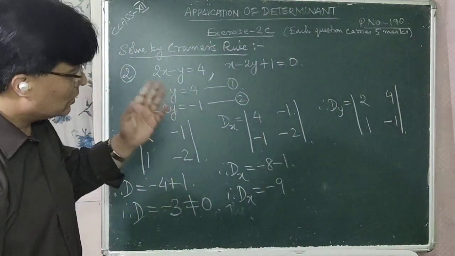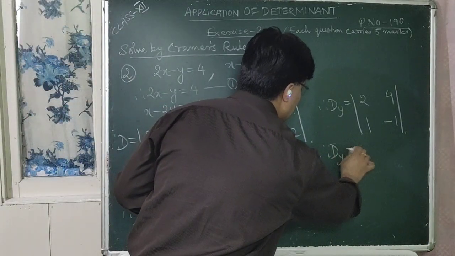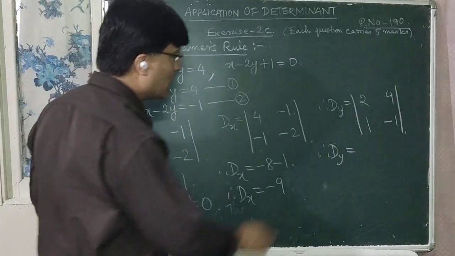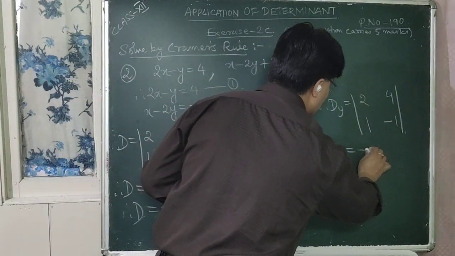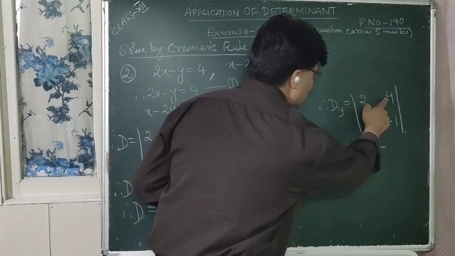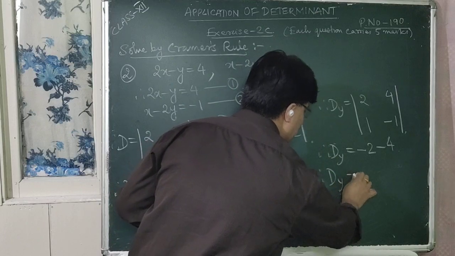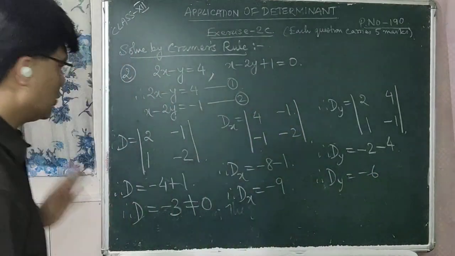Is that clear? Now you can expand the second order determinant. Cross multiply 2 into minus 1, minus 2, then minus sign. Now cross multiply 4 by 1, 4 ones are 4, right? So dy is equal to minus 6.